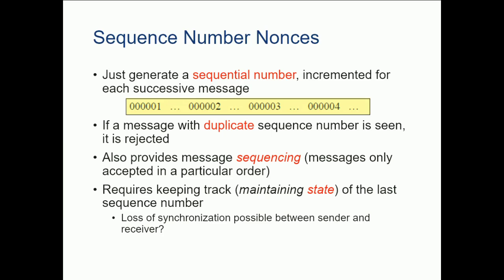If at the receiver side a message with a duplicate sequence number is received, then it is rejected. So using the sequence number as nonce, we can defend against replay attack. An additional benefit is that the sequence number itself provides the order of the messages exchanged. That's very intuitive.